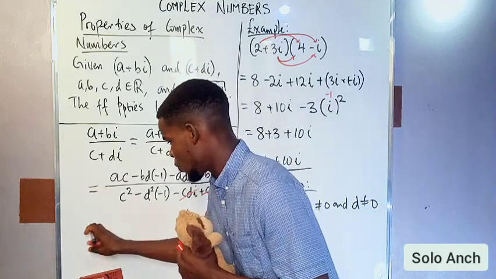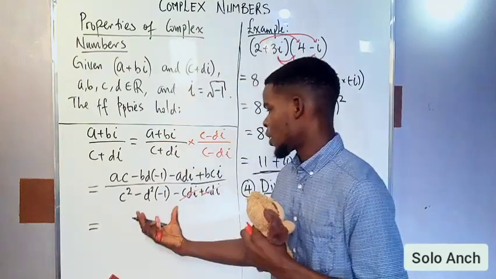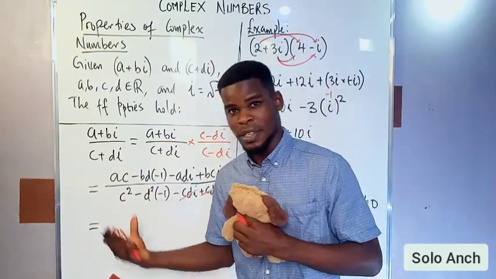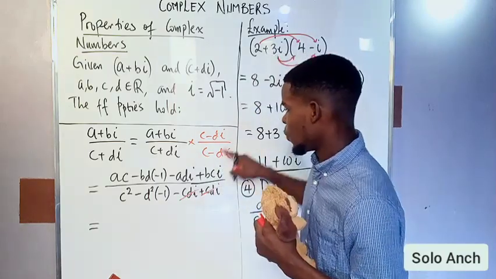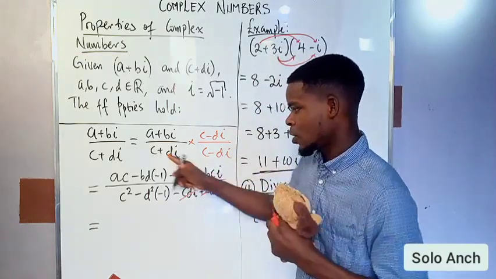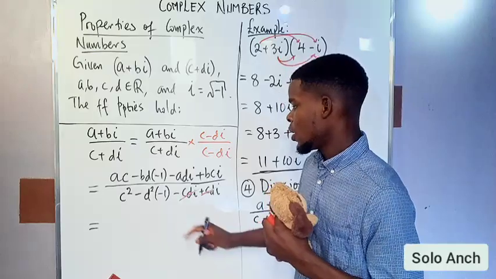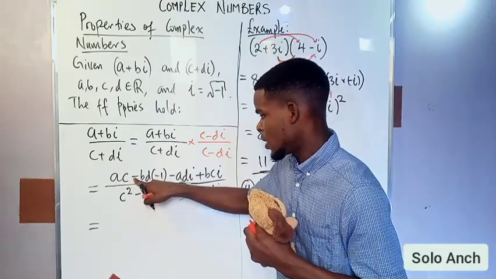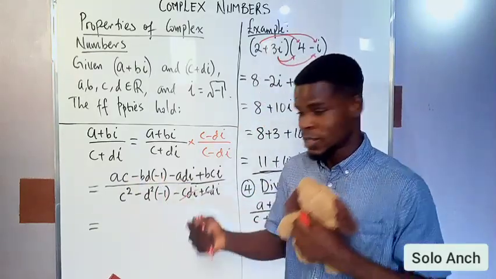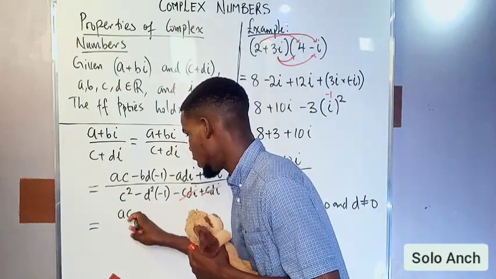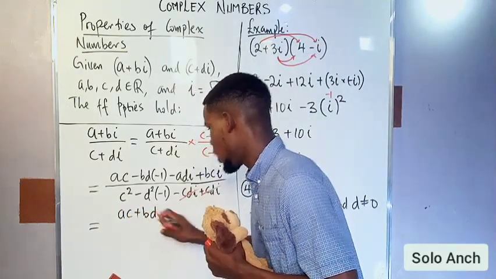So in this case, as you can see, we've eliminated the i in the denominator, and that's the essence. That was the reason we multiplied this and that by the conjugate of the denominator. Good. So simplifying this, what is negative bd times negative 1? That's positive bd. So we have ac plus bd.